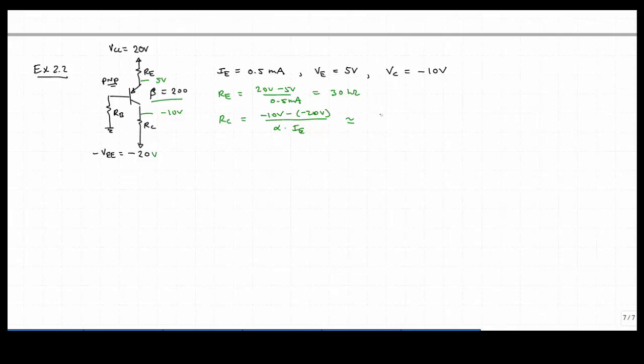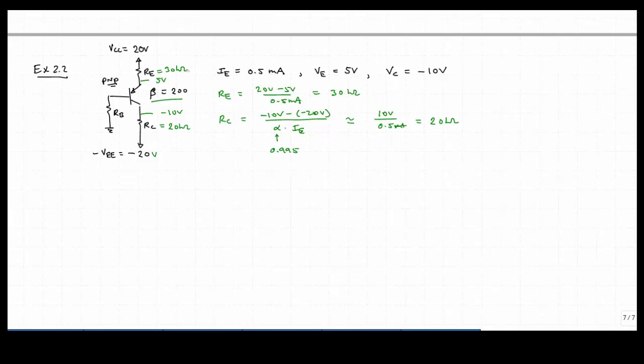I will ignore the alpha because that's going to be 0.99, I think 5 in this case. Yep, 0.995. So this will be 0.5 milliamps. So we have a 20K resistor.